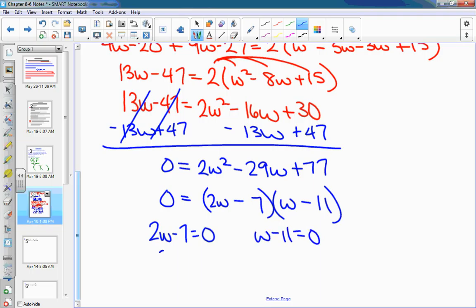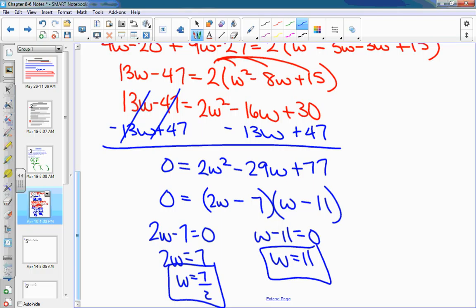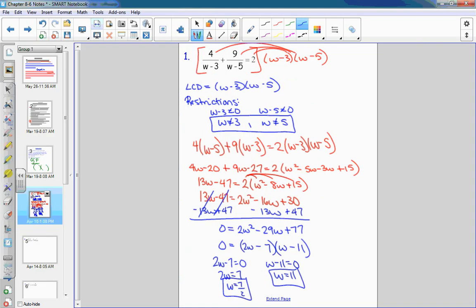And I solve. I'm going to add the 7 over, and I'm going to divide by 2. I'm going to add the 11 over. Now my question to you is, will both of those answers work? How do I know? I come right back up here to my restrictions and I say, are either one of the values that W is, which is 7 over 2 or 11, inside my restrictions?